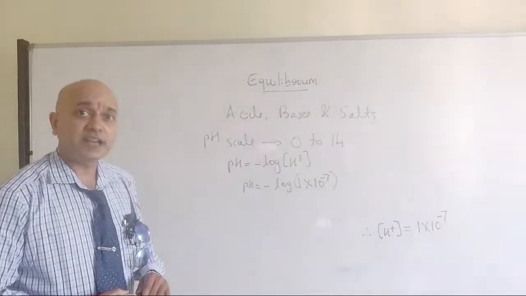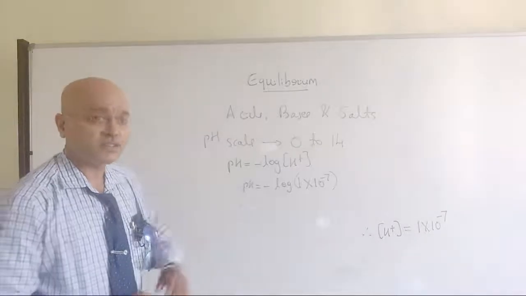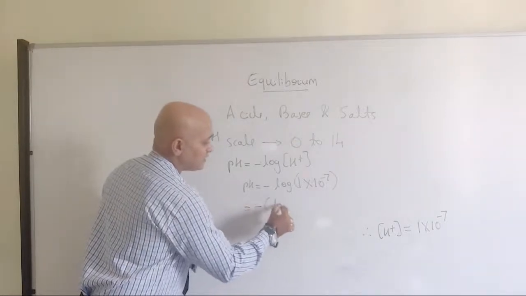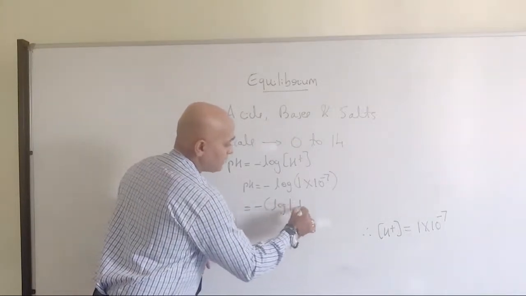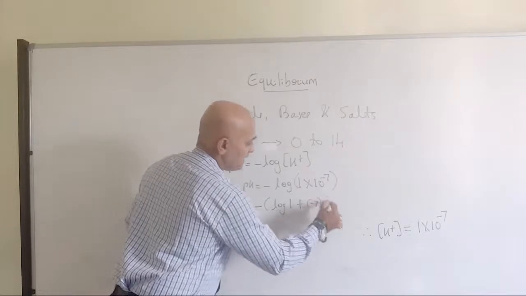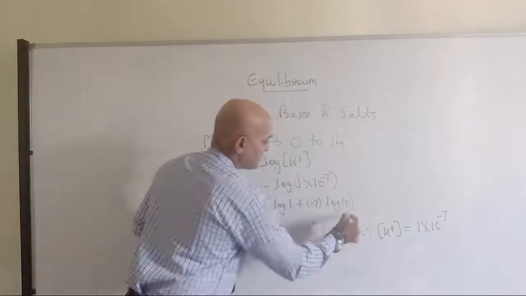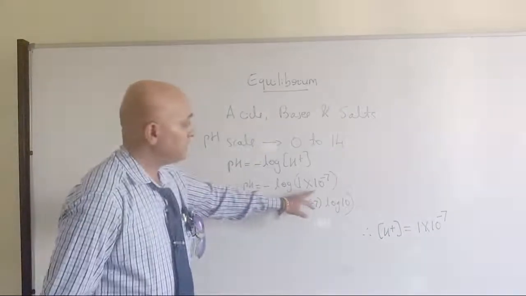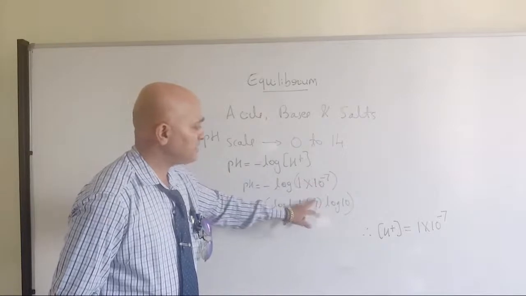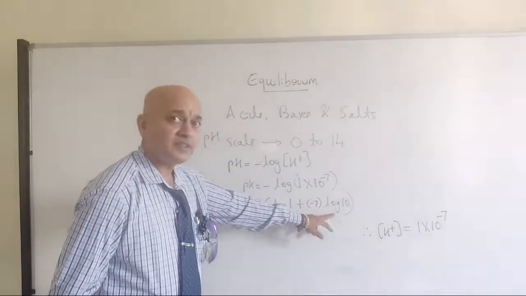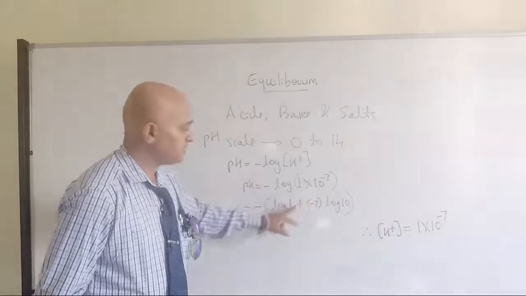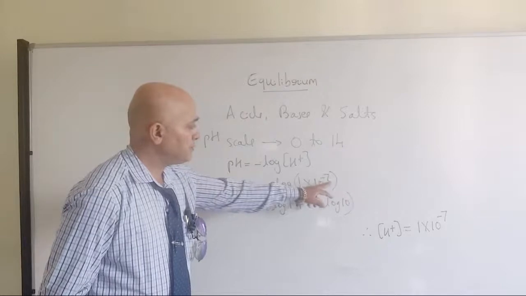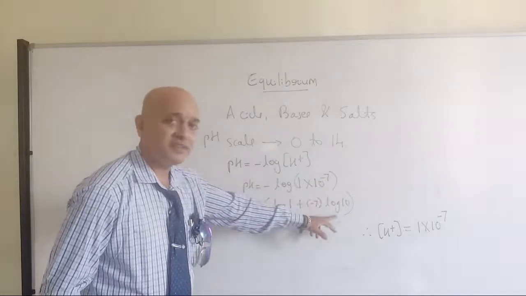Now we can write it as minus of log 1 plus minus 7 log of 10. Am I clear? According to the log rule, log of 10 to the power of minus 7 is nothing but minus 7 into log of 10. Since it is a multiplication, it will become plus. So log of 1 plus minus 7 into log of 10.